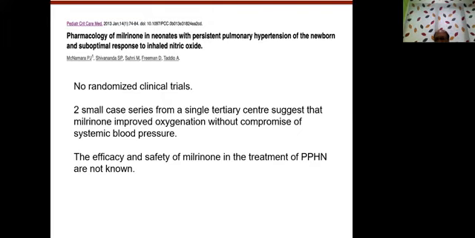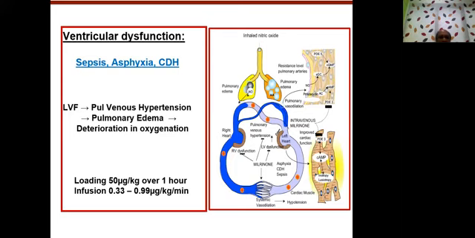The efficacy and safety of milrinone in newborns is not extensively known. There are a lot of studies going on currently. We'll hear about the rampant use of milrinone in the next couple of years.